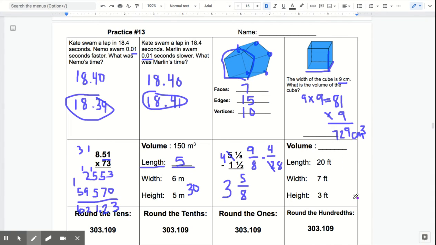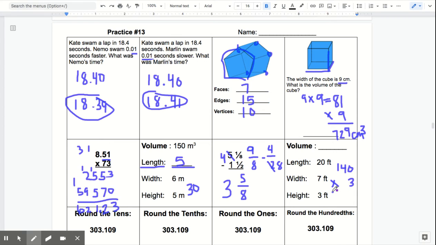Next one, volume problem. Remember length times width times height. So I'm going to do 7 times 20 first. 7 times 2 is 14. So 7 times 20 is 140. And I'm going to multiply that by 3. So 14 times 3, let's see. 140.